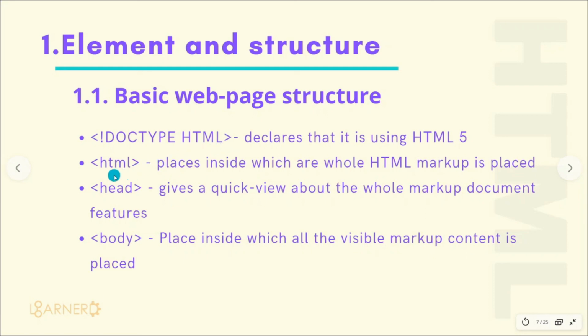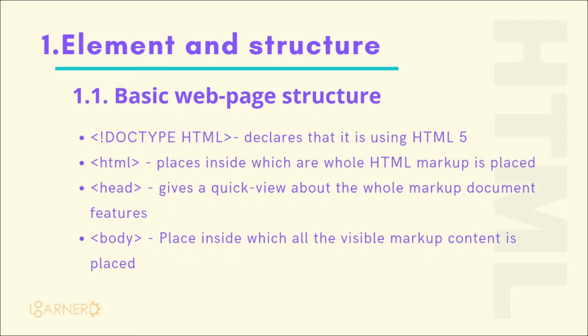The next tag which we have seen in the previous image was the html tag. It is the place inside which the whole HTML markup is placed. Next comes the head tag, which gives a quick view of the whole markup document's features. So what does this actually do? For example, if you are planning to buy a new phone, what comes to our mind is we will compare the basic or main features of a phone.